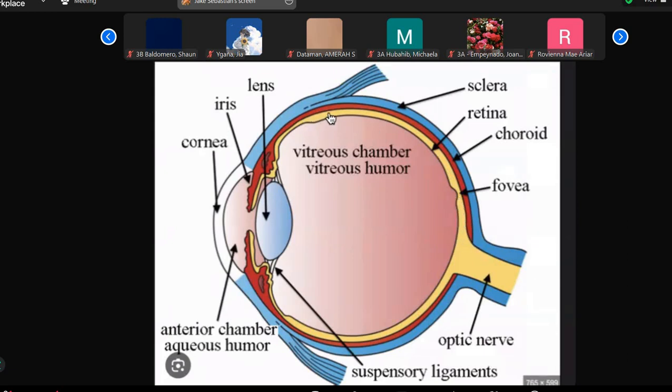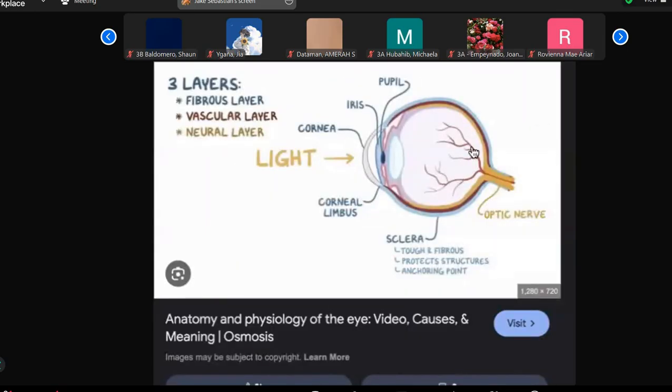For the inner retinal layers, the supply comes from the central retinal artery, as you can see here, because the central retinal artery travels together with the optic nerve.